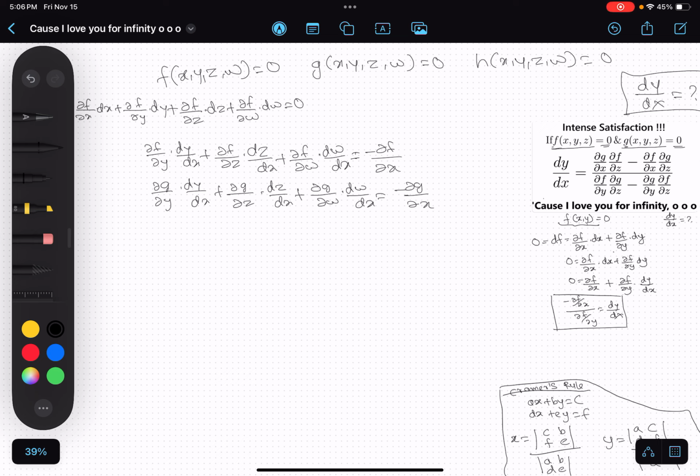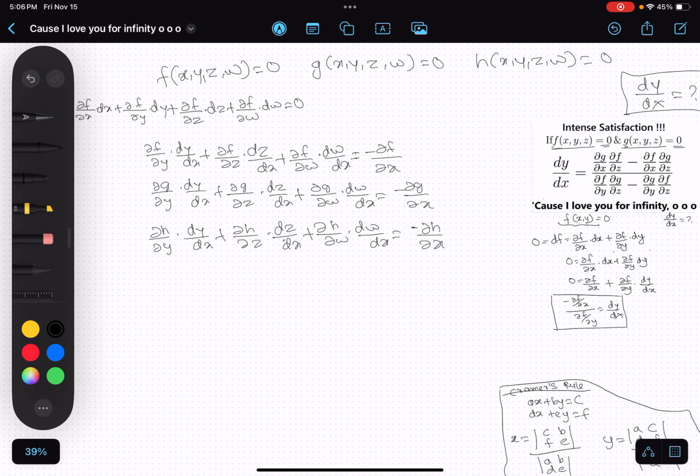Similarly, for h, this will be partial h by partial y times dy by dx plus partial h by partial z times dz by dx plus partial h by partial w times dw by dx equals minus partial h by partial x.